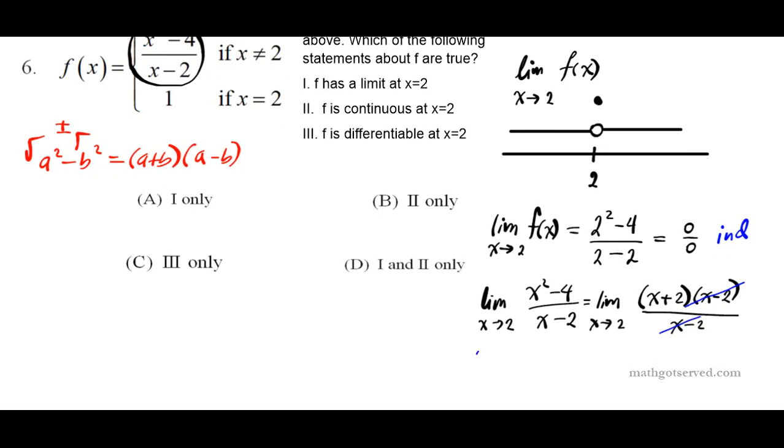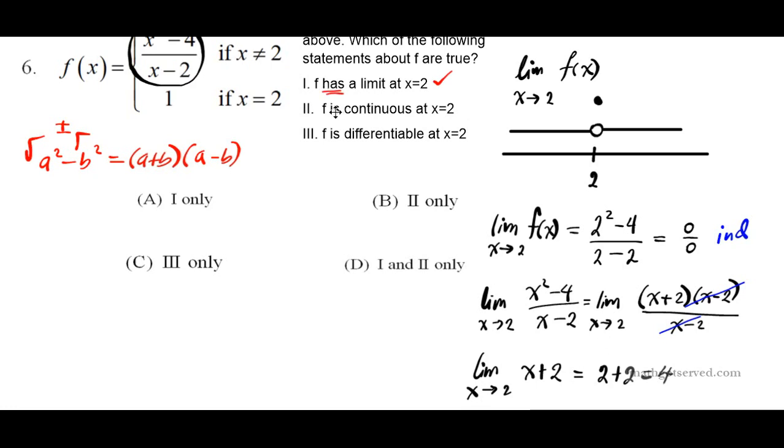So we now have the limit as x approaches 2 of x plus 2, which is simply 2 plus 2, which is 4. What does this mean? It means that the limit exists and it's 4. So statement number 1 is true because the function has a limit at x equals 2.